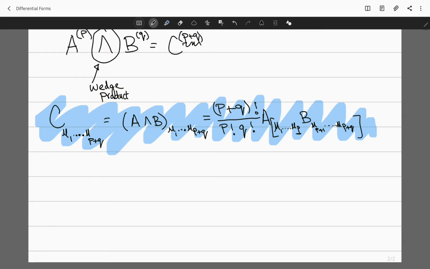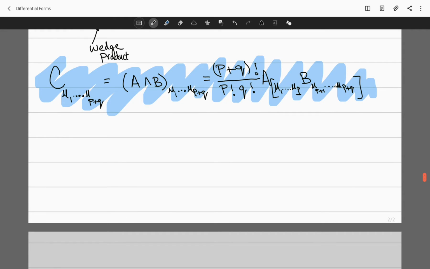So let's actually consider an example, because maybe this might not seem so interesting to you right now. Let's start with p and q the same, and let's say they are equal to 1.